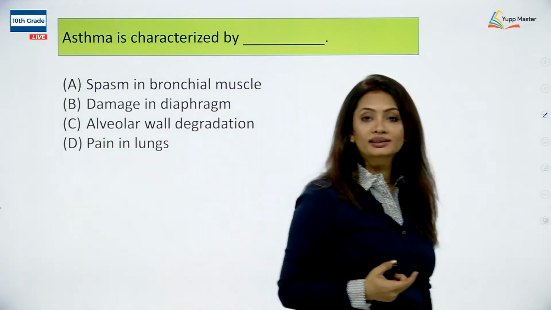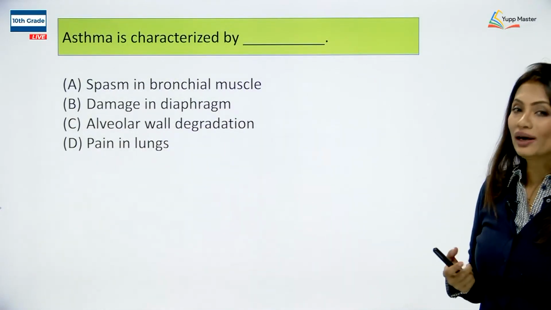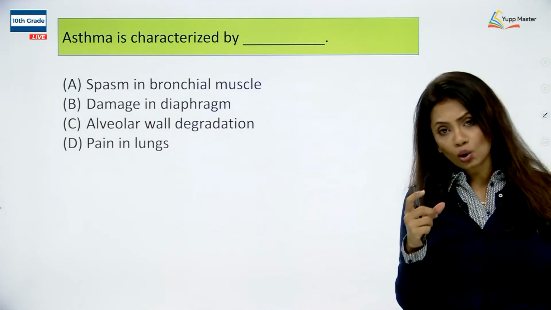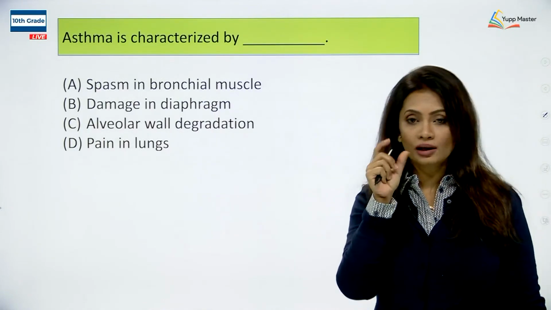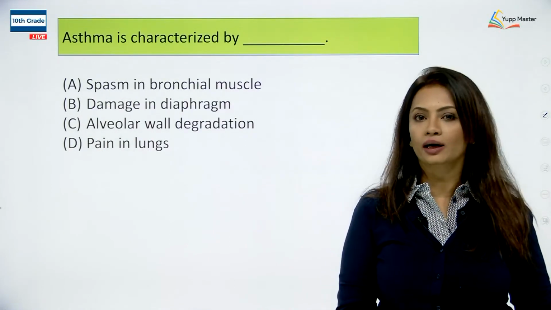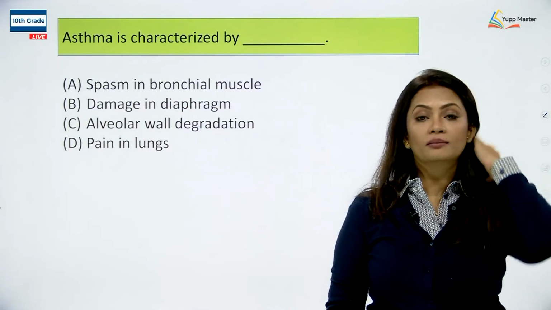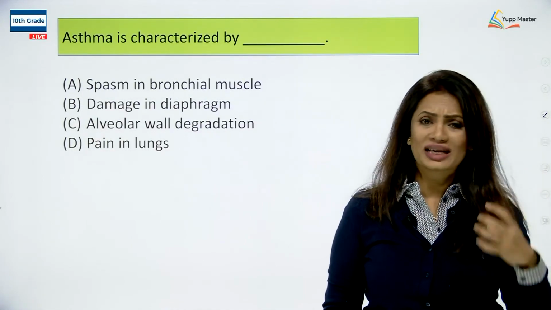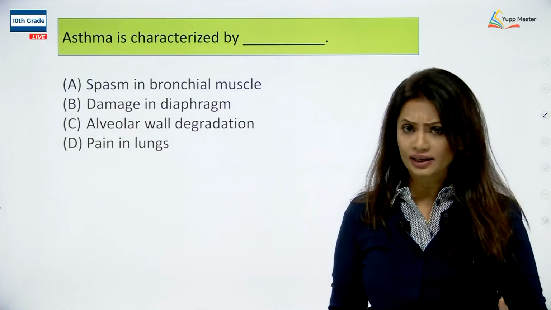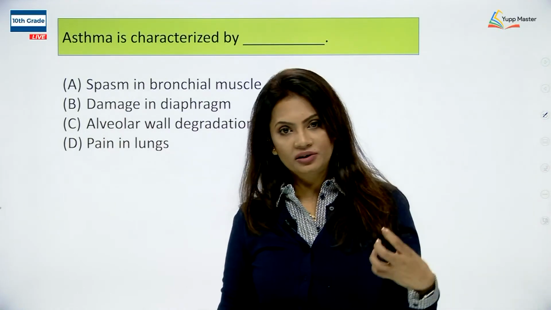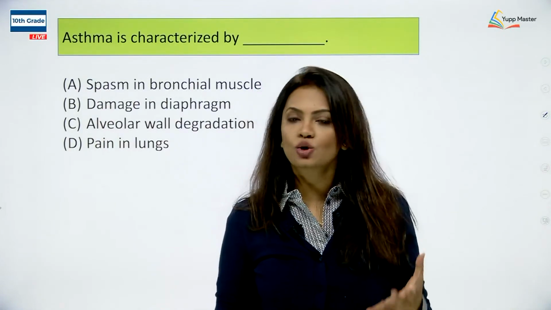Asthma. What exactly is asthma? Isn't asthma all about the bronchioles being already a little inflamed in asthmatic patients, and whenever a triggering factor comes, for example stress, smoke, dust or even pollen grains, they might enter the respiratory system and aggravate it. So what will happen?